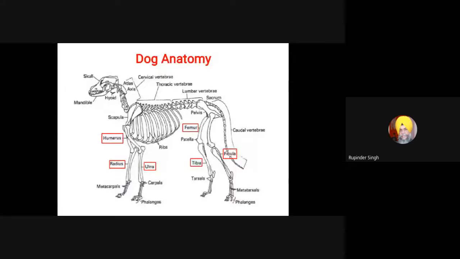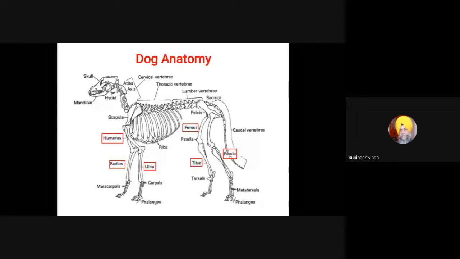The radius and ulna are the twin bones. Similarly, in the hind limb, there is a femur, and the tibia and fibula are similarly the twin bones. These bones are joined together, and the disease of one bone affects the growth of the other bone.